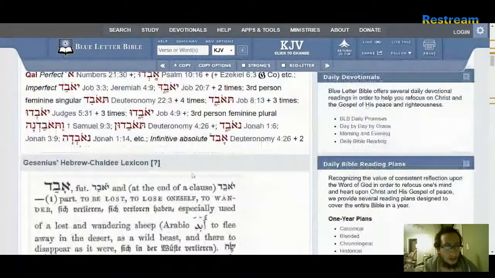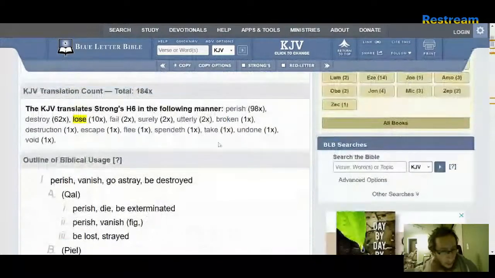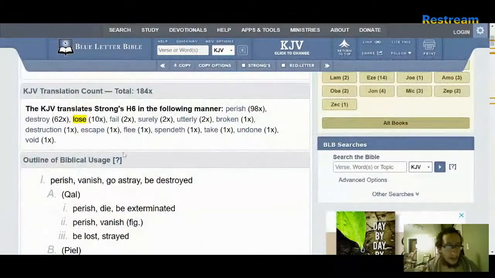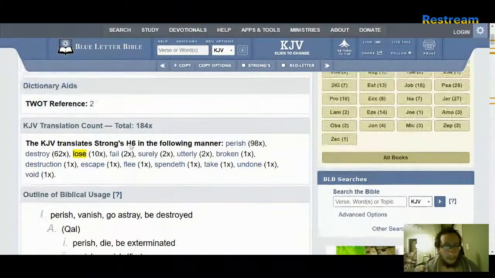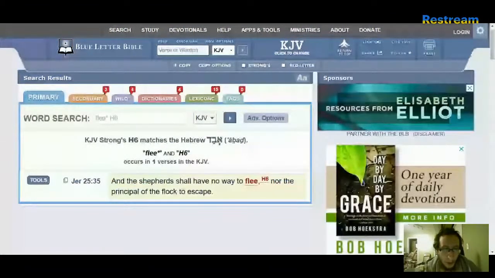It does not exclusively mean to destroy something. So let's see. The shepherds shall have no way to flee. Let's take a look at that.